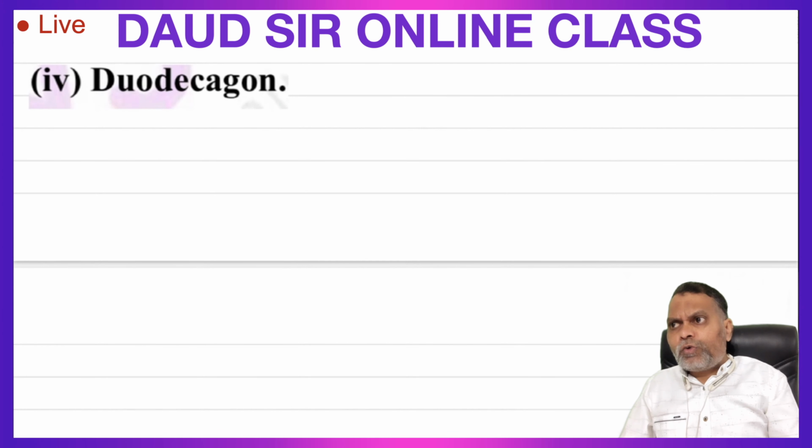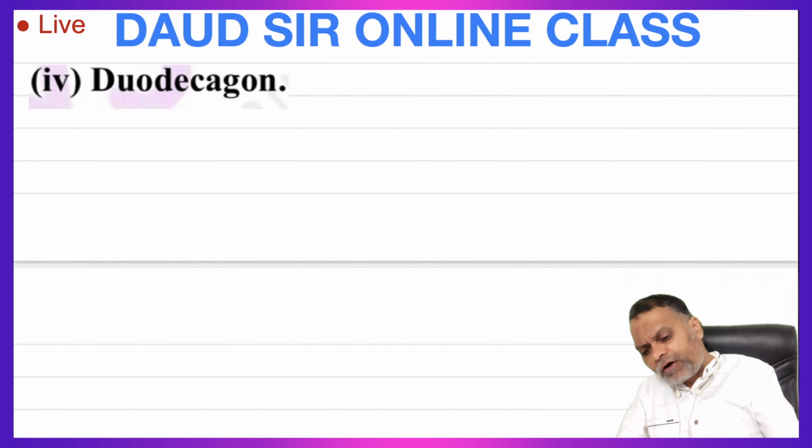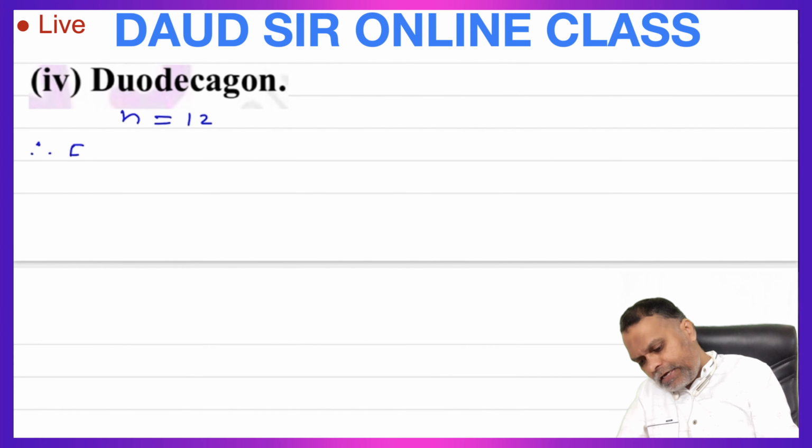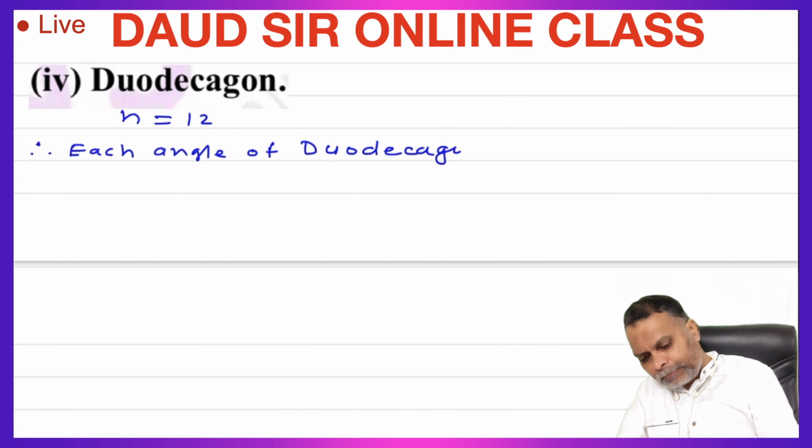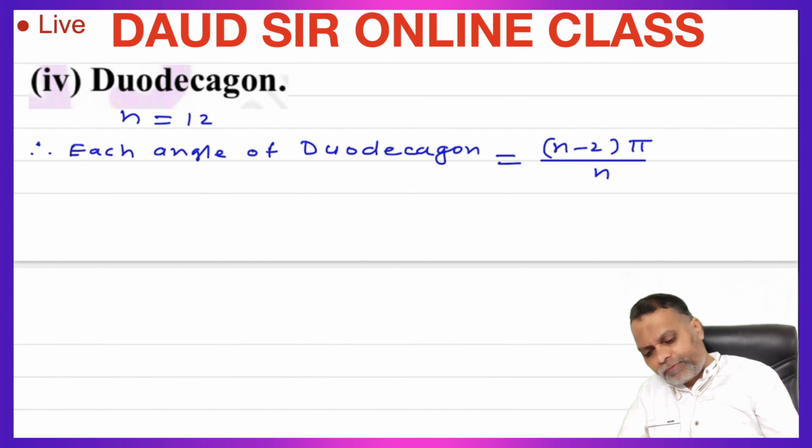Fourth part, duodecagon. In duodecagon, number of sides are 12. Therefore, each angle of duodecagon is equal to (n minus 2) pi upon n.